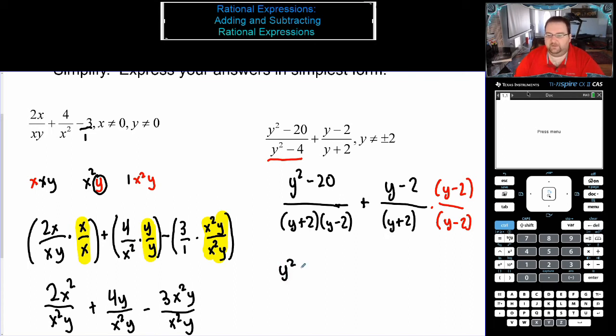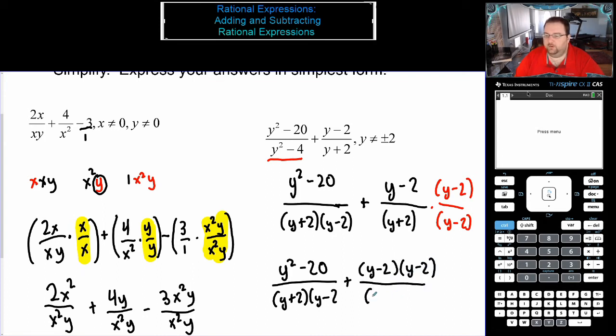Let's go y squared minus 20 over y plus 2, y minus 2, plus, and this is going to be y minus 2, y minus 2, over y plus 2, y minus 2.